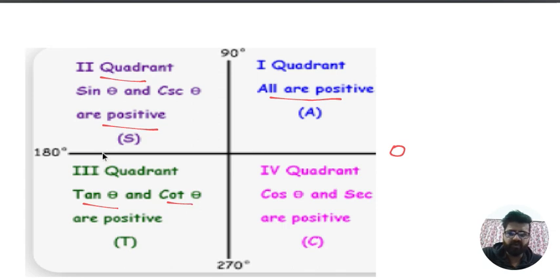And in the fourth quadrant, the angle is between 270 and 360, which is also 360 degree, so the values of cos and sec will be positive.